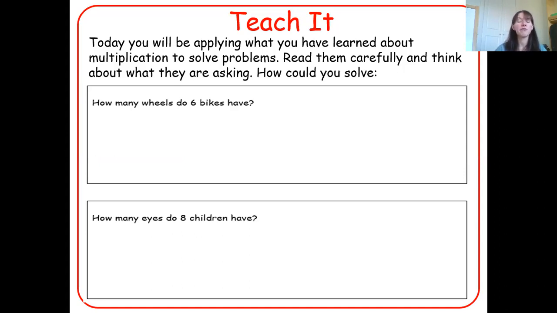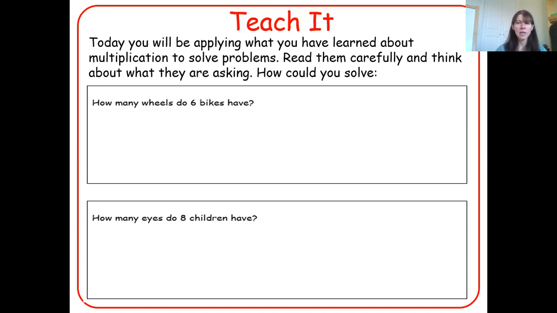Okay, so the first question says, how many wheels do 6 bikes have? I'll read it one more time. How many wheels do 6 bikes have? So what do we know? We know the question is about bikes, and we know that we've got to work out something to do with the wheels.